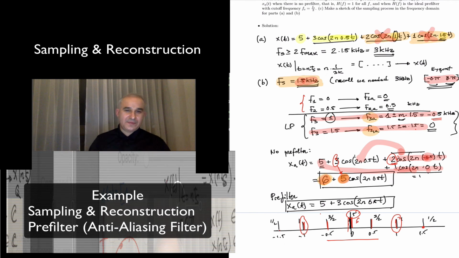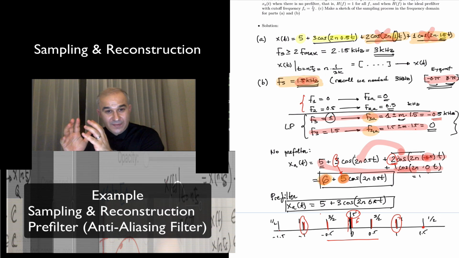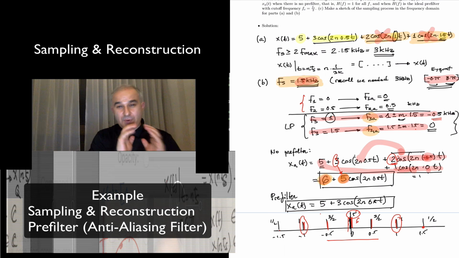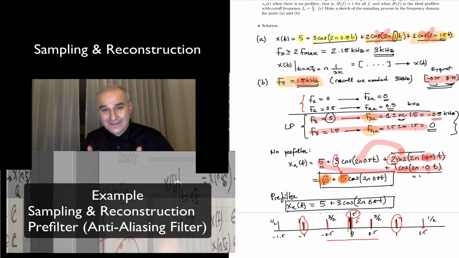Okay, so let's recap. When you have a continuous time signal and you want to use digital signal processing, you are going to need to sample it and quantize it. In that process, prior to sampling, we are going to use a pre-filter, also known as an anti-aliasing filter, that's an analog filter, in order to band limit the signal, to give it a maximum frequency, in order to make sure that you always have fs greater than twice the maximum frequency.